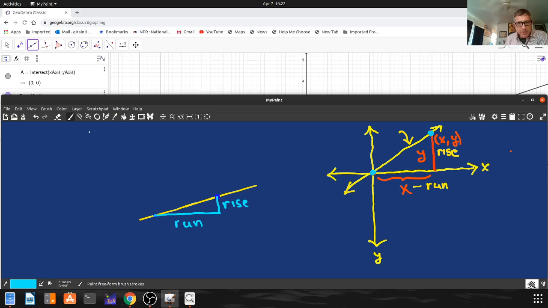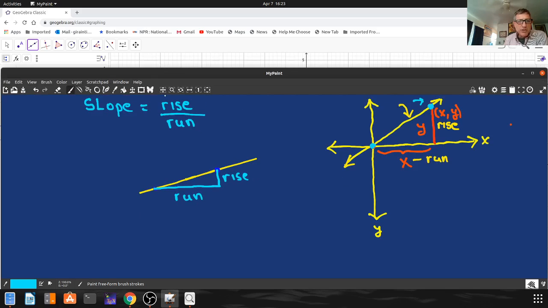So informally, and you may have heard this before, slope, which is an aspect of a line, is the ratio of some magnitude that we determine to be the rise and some magnitude that we determine to be the run. Now, if the line goes through the origin, and I know this point up here, the one I'm pointing to, then my y value is the rise and the x value is the run.